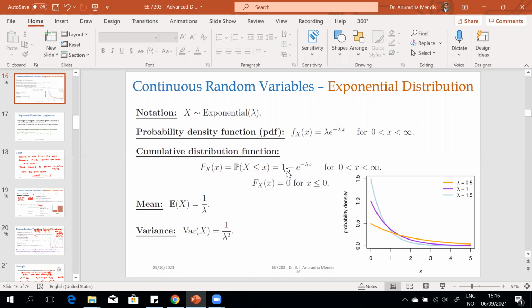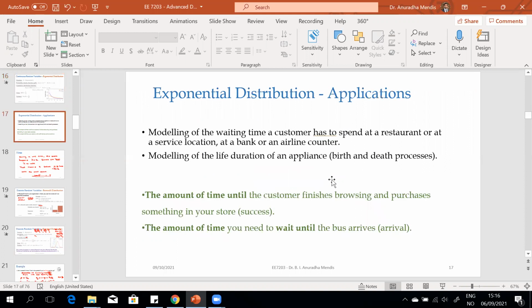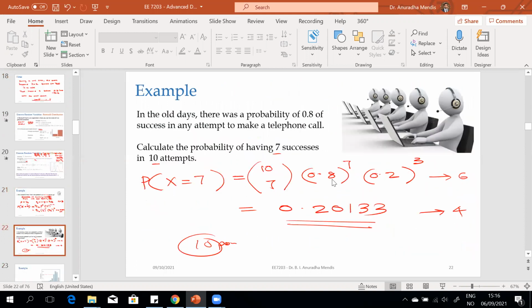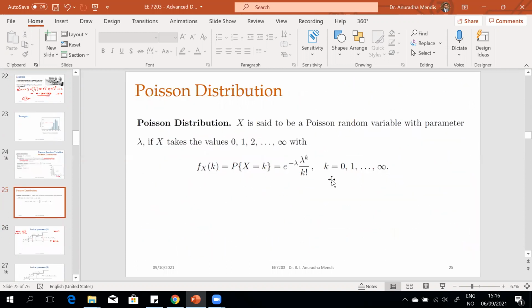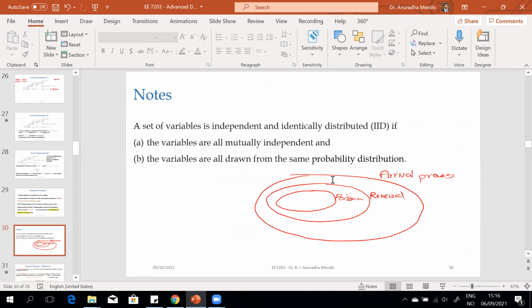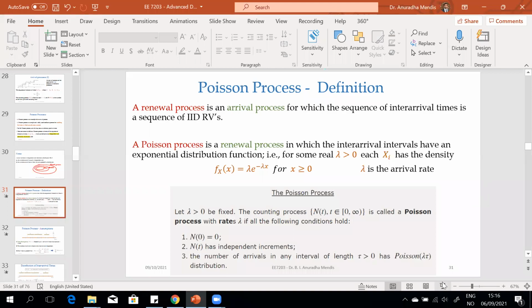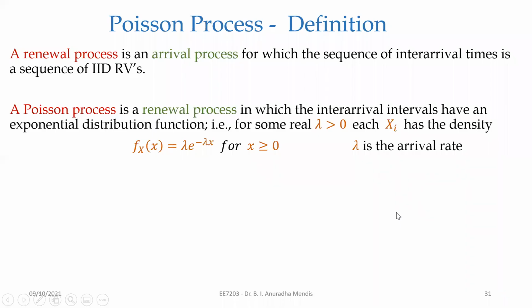Now, in our arrival process, if the interarrival times X1, X2 follow this distribution, then we can have that as a Poisson process. So the Poisson process is a subset of renewal processes, and renewal processes are a subset of all arrival processes. Did you understand?